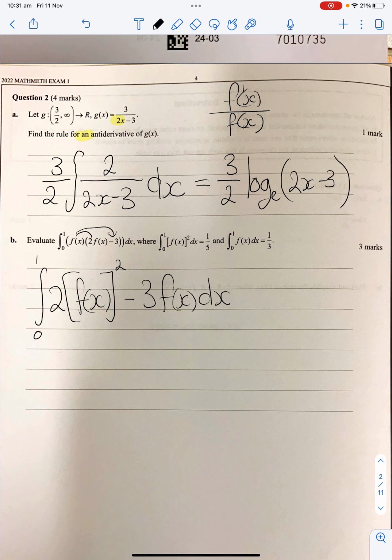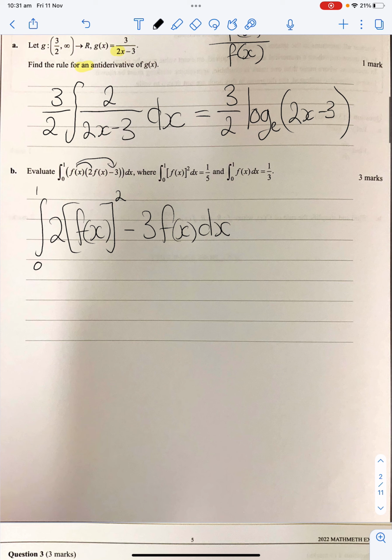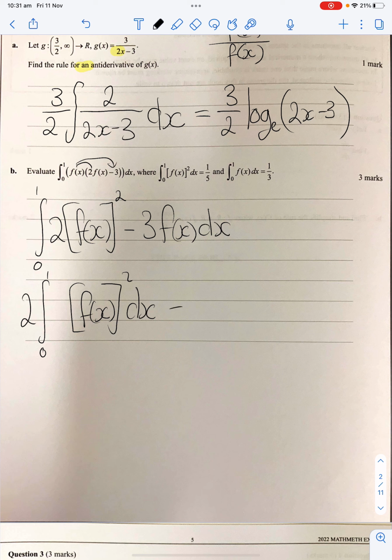And then we can split up our integrals here. So that's going to become the integral from 0 to 1 of 2 times f of x squared dx, and I'll bring the 2 out the front, in fact, minus 3 times the integral from 0 to 1 of f of x dx.